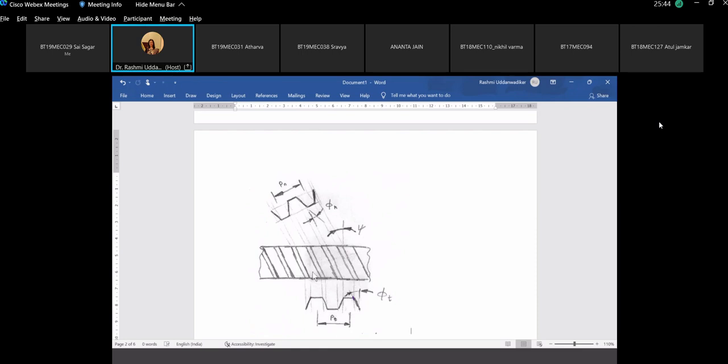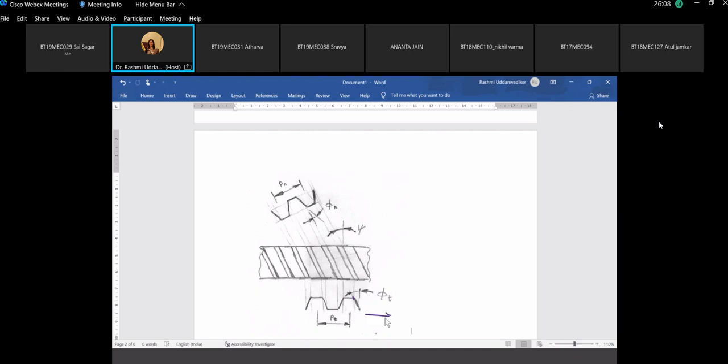But since these teeth are making certain angle with the axis of the shaft, this becomes the normal plane. So normal plane is a plane which is perpendicular to the surface of this face width. This is the face perpendicular to this. This is known as the normal pressure angle, and this is the pressure angle along the transverse plane.